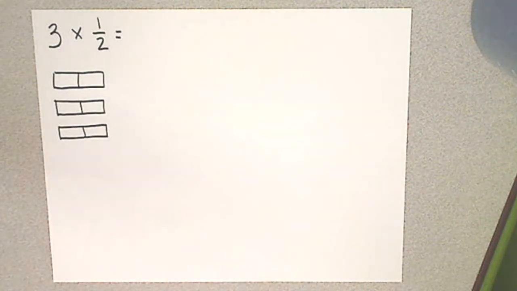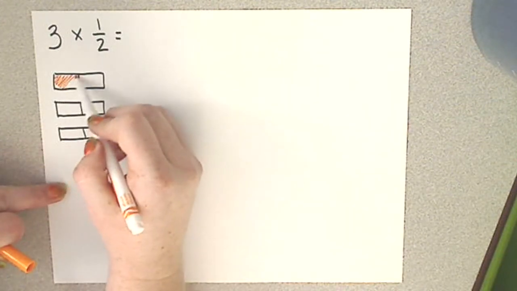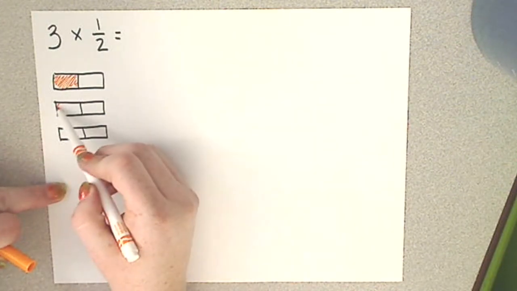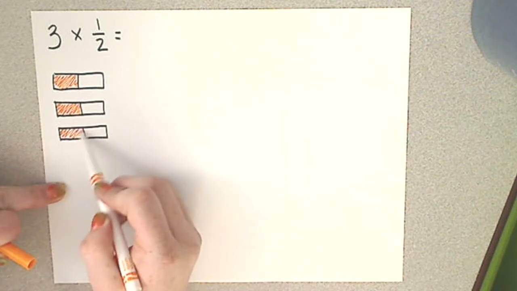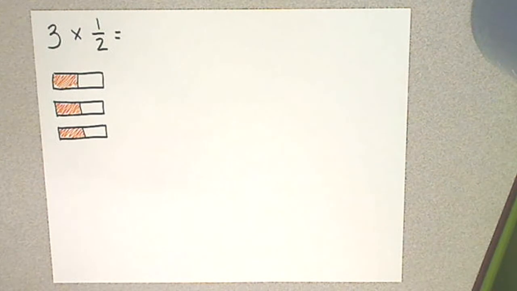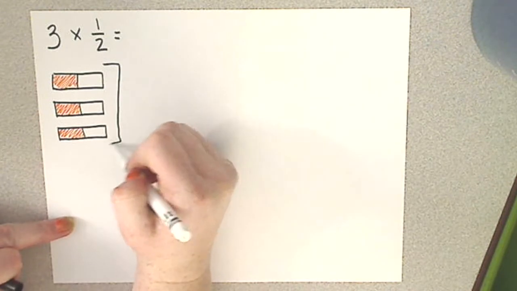And now I need to shade in my 1/2. So there is 1/2 times 1, 1/2 times 2, 1/2 times 3. Now I need to combine these to figure out my total product.